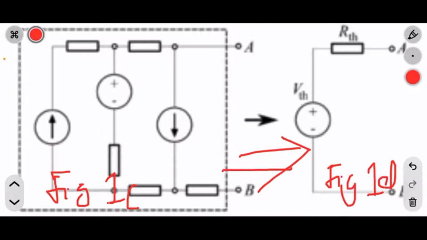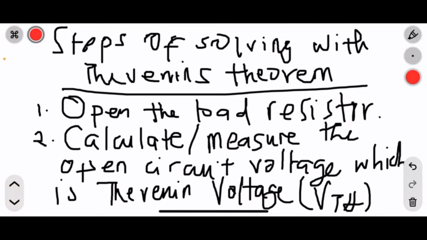You understand? So we have converted that whole part in the dotted box into VTH in series with RTH. With that, it will be easy for us to solve for the current and the voltage across AB.